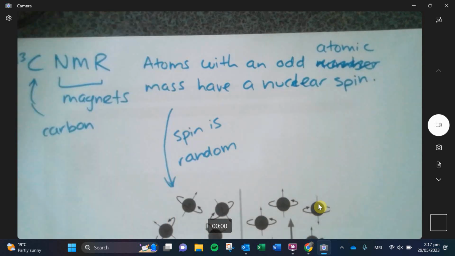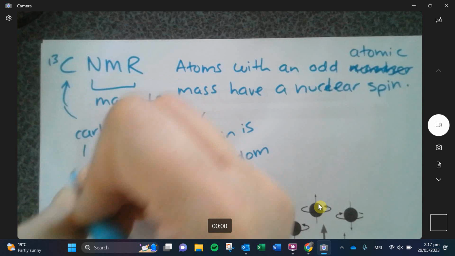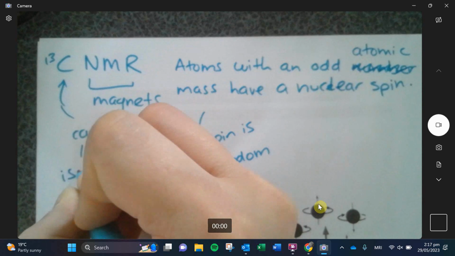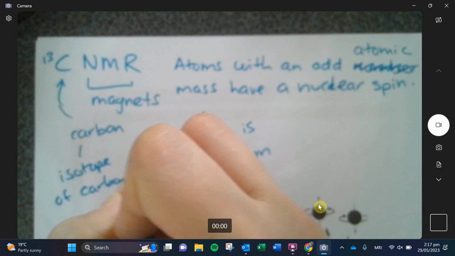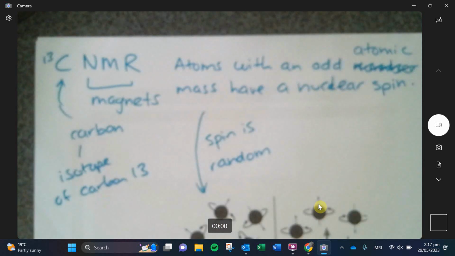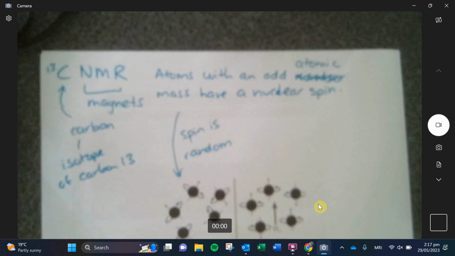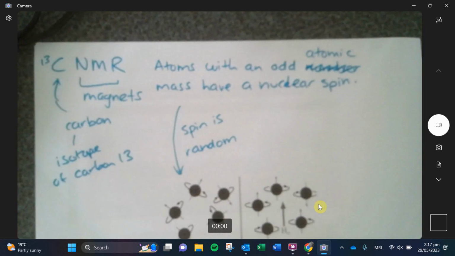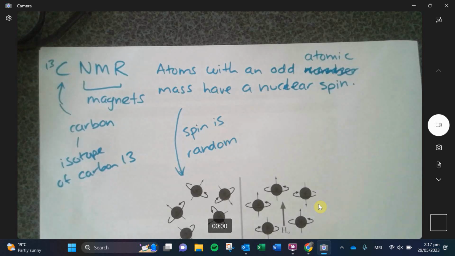So you might see it as being 13 CMMR, and it's using the isotope of carbon 13 for this to work. You don't have to worry about explaining that. I'm just letting you know how, even though carbon is an even number, we can still get it to work. Are we okay with that so far? Like I said, you never, ever, ever have to explain how the machine works.